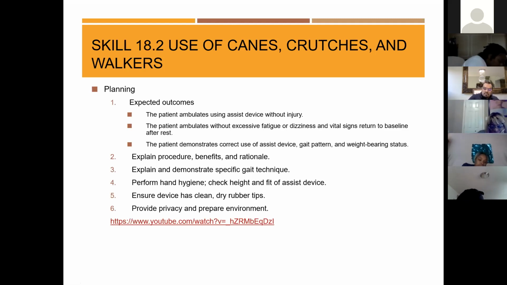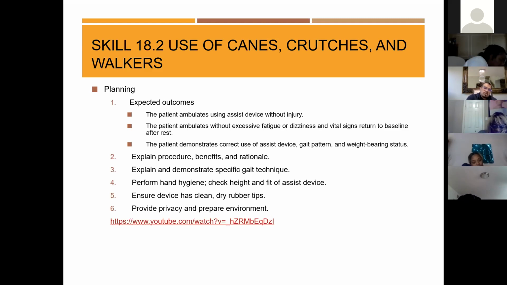We also want to make sure that they use it correctly, right? If your patient's using a walker, we want to make sure that they're walking properly with the walker, right? So make sure that you've explained and demonstrated this technique to them. Sometimes it's appropriate for you to take the walker and walk yourself so that they know what they're supposed to be doing, right?